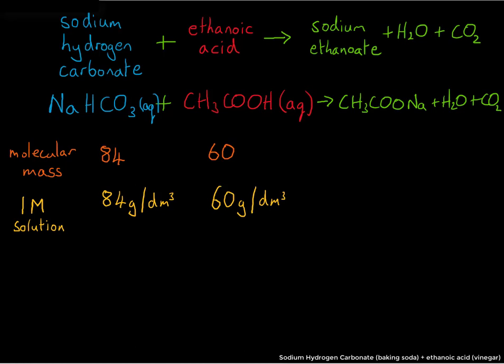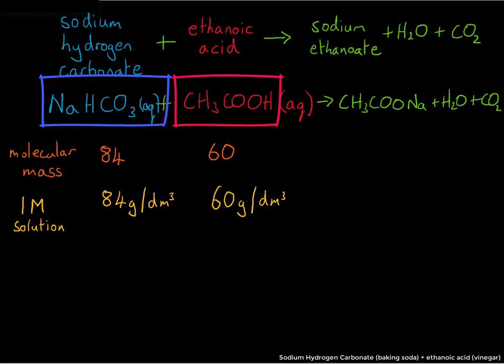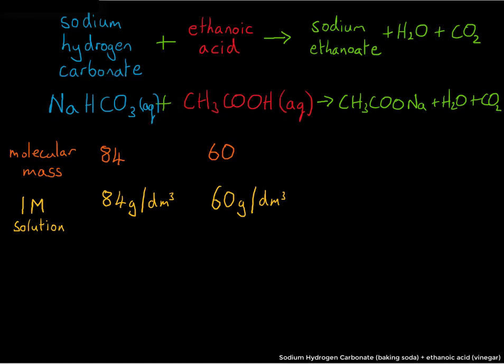Now from the equation we can see that 1 molecule of sodium hydrogen carbonate reacts with 1 molecule of ethanoic acid. This would mean, of course, if we had 84 grams of sodium hydrogen carbonate, that would neutralize 60 grams of ethanoic acid. Of course, this is all aqueous in a solution.